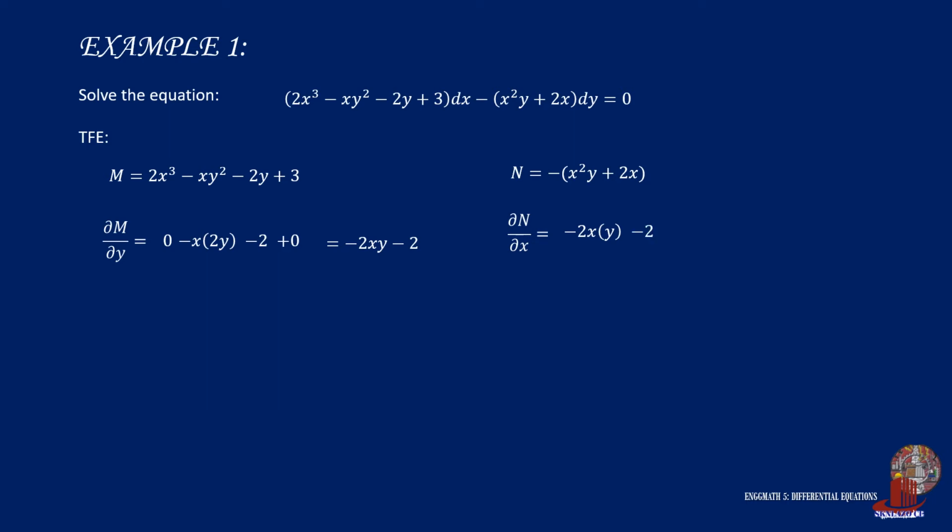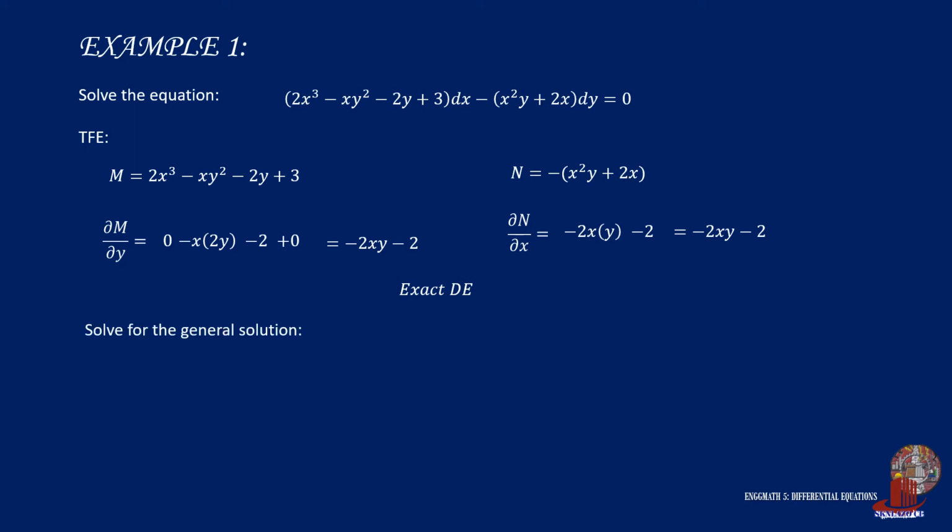Then the second term, negative 2x, will be derived as negative 2. By simplifying the solution, we get negative 2xy minus 2. These expressions are similar in both derivatives of M and N, thus the differential equation is exact.